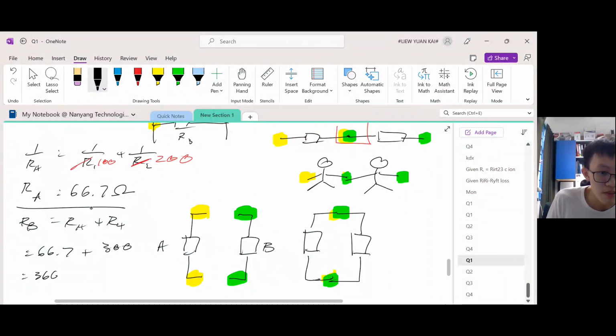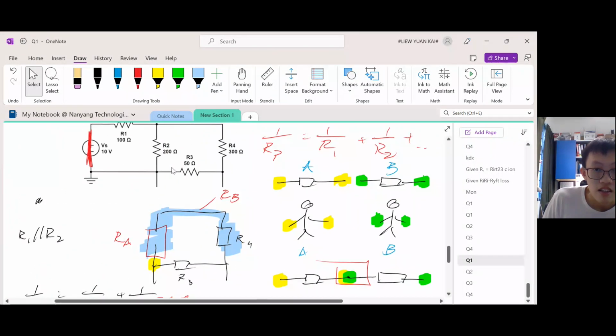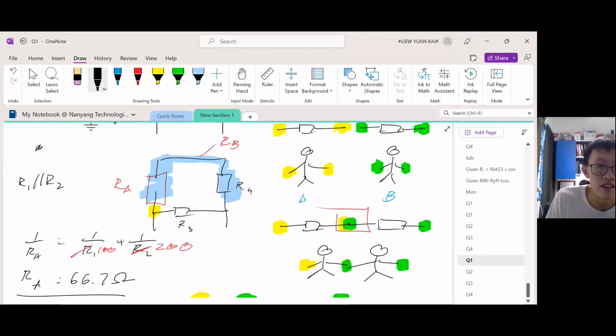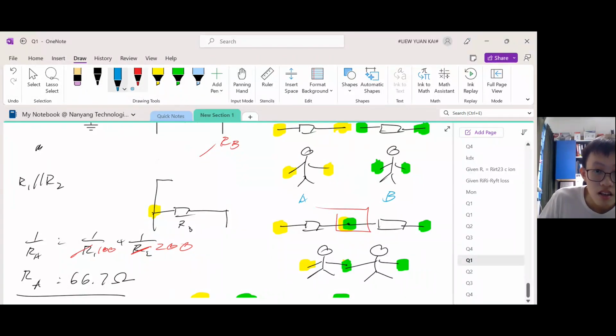So 366.7. Now that we found RB, we can remove this and redraw it as a single resistor like that called RB.